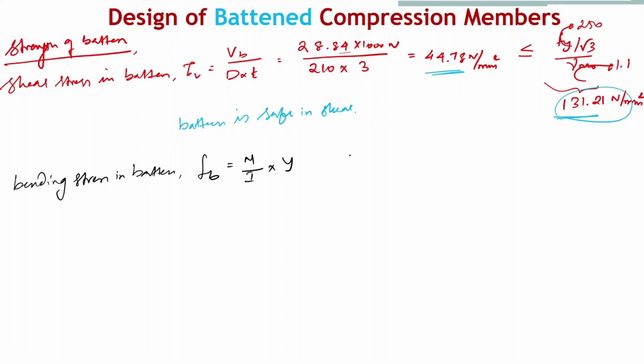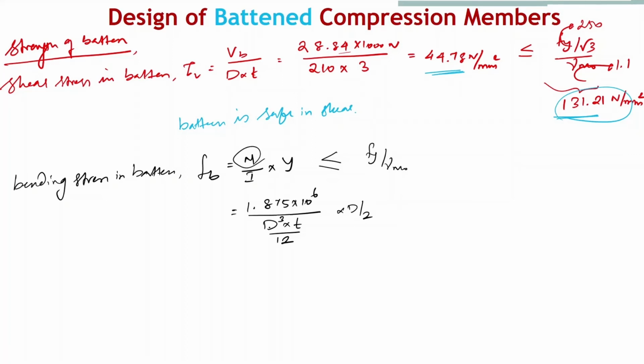This bending stress due to applied moment, if it is less than or equal to the maximum permissible bending stress Fy by gamma m0, then it is safe. Let's check it. 1.875 into 10 to the power 6 upon d cube t by 12, into d by 2.